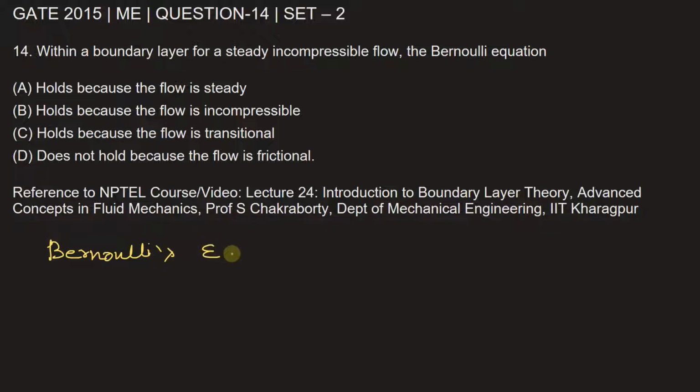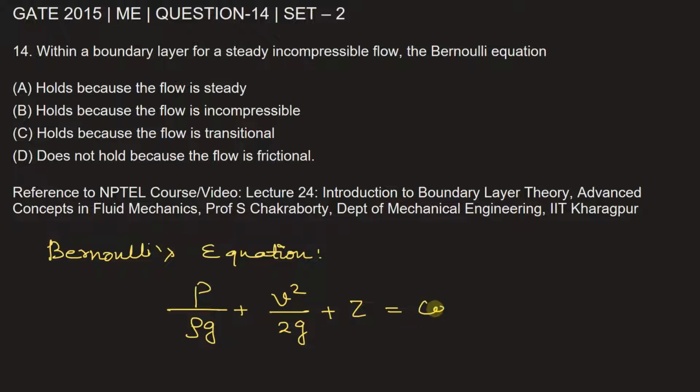Bernoulli's equation can be represented in head form as P by rho g, the pressure head, plus the velocity head, V square by 2g, plus Z is equal to constant, without considering the losses.